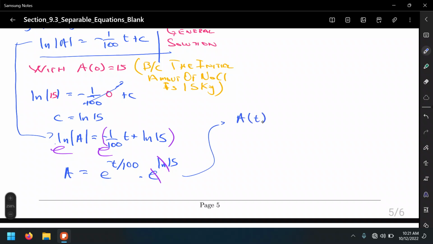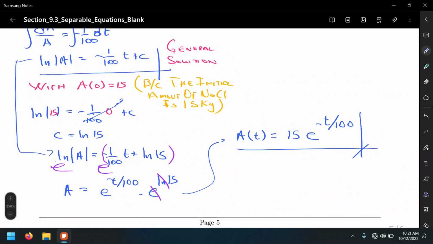A of t equals 15e to the -t/100. So this mathematical model will help us determine how much salt remains after your favorite time. In this case, it's minutes. After 5 minutes, after 15 minutes, after 60 minutes.